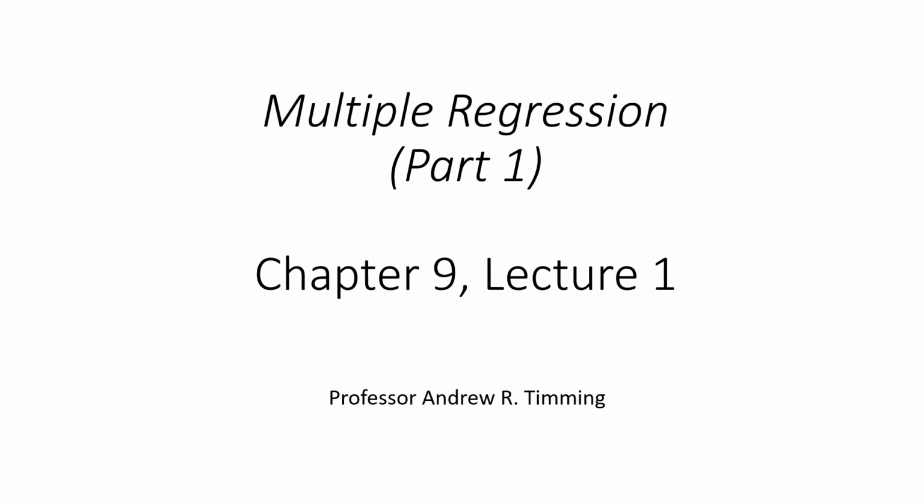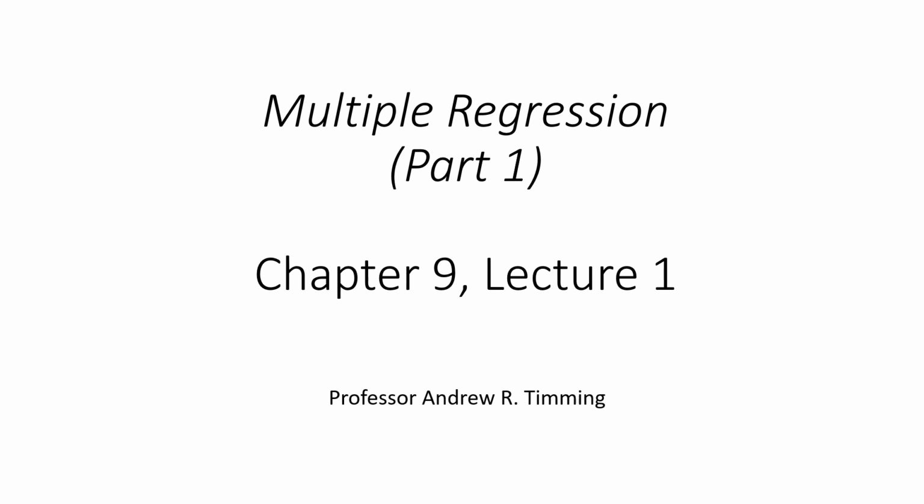Now we have reached the point at which I feel that you're ready for multiple regression and, by extension, multivariate statistical methods. Multivariate methods are methods that deal with three or more variables at a time.